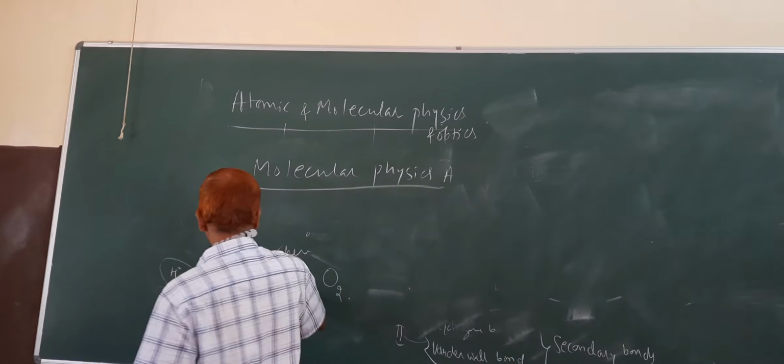If you test the charge for this, it is neutral. It consists of positive charge and negative charge, but it is neutral because of equal numbers of positive and negative charges. The positive center coincides with the negative center.